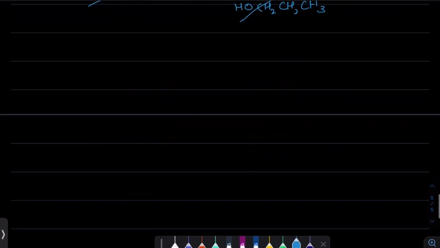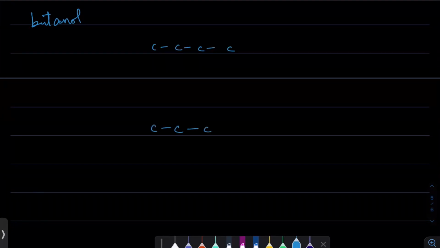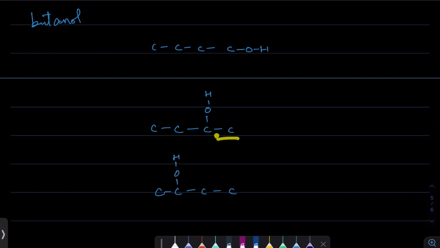So go on, try to make isomers of the next one, butanol. Go on, make at least 2 isomers of butanol. Okay, so again, I'll put 4 carbons in a row. In the first one, I'll put OH here. And in the second one, I'll put OH here. I can also put it on this one, but if you notice, ये इधर से second है, ये इधर से second है, so they're both identical, तो मुझे ये बनाने की जरूरत नहीं है.